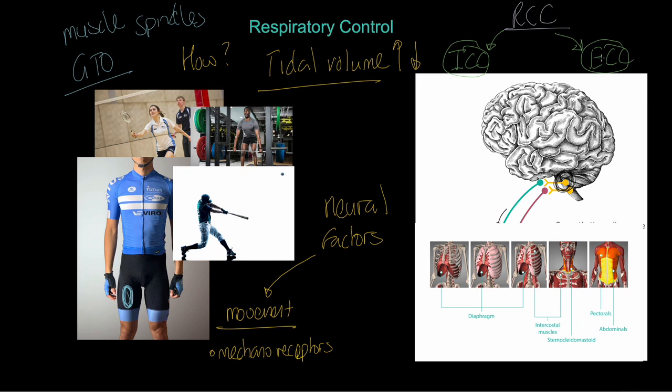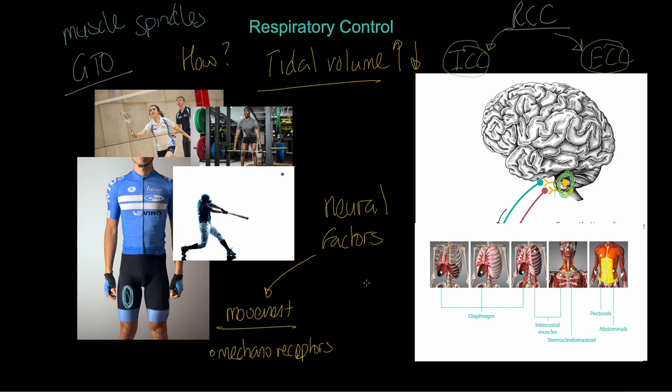I'm going to come back to that in detail, but the point I want to make is that in the medulla oblongata of the brain, this respiratory control center with its inspiratory and expiratory parts takes neural information, for example from the mechanoreceptors, to either increase or decrease tidal volume, and you'll see later also to increase or decrease breathing rate.